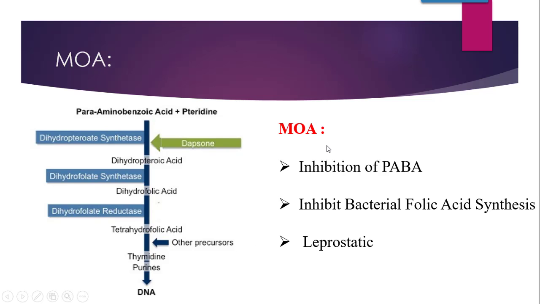So the mechanism of action is inhibition of PABA, para-aminobenzoic acid, so that dihydropteroic acid, DHFA, THFA and folic acid will not be formed, by hampering the first step itself.